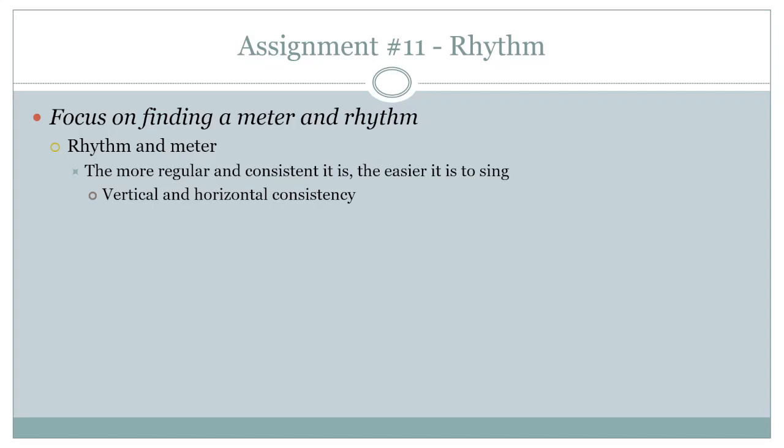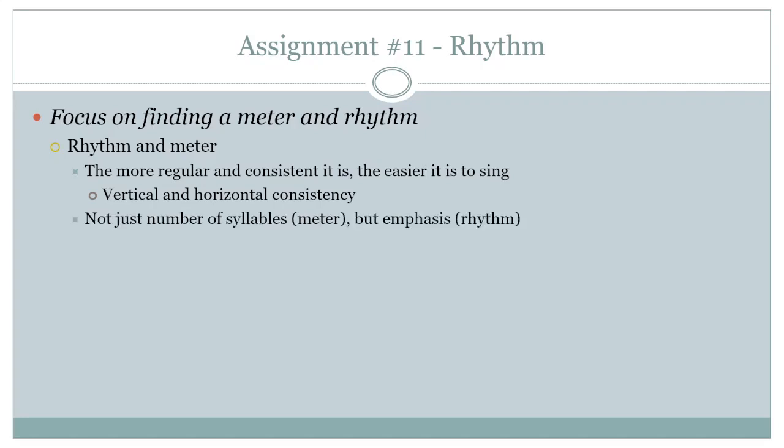So vertical consistency from verse to verse within the same lines: verse 1, line 1, verse 2, line 1, get those things the same. And then horizontal consistency. If you establish a particular rhythmic or metrical pattern, don't deviate from it just a tiny bit. Make it a deliberate change if it changes, but don't just randomly vary it, because that will be surprising and people will never know what's coming next.